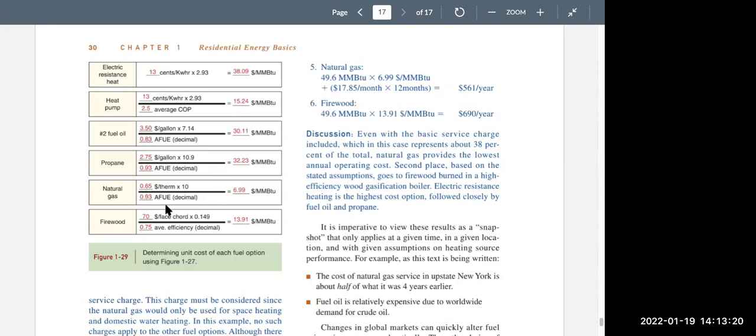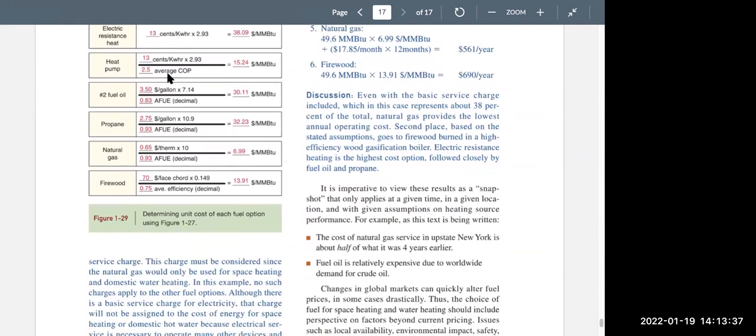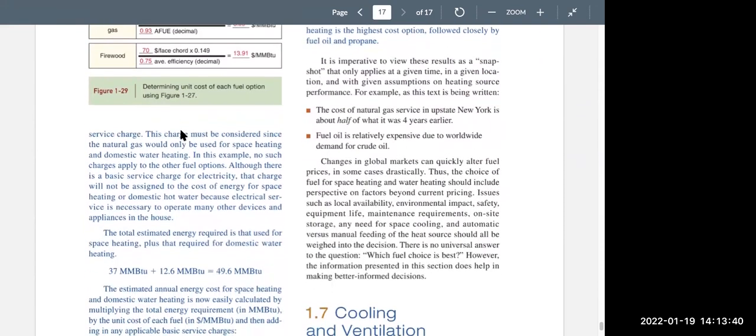Then we have firewood. So we see at the end of the day that we can calculate each one of these fuels individually and have a better understanding of how many millions of BTUs that we're going to be able to make and create at a cost. And it's not too difficult to do with this formula here.